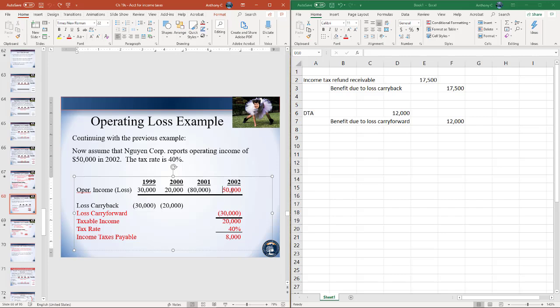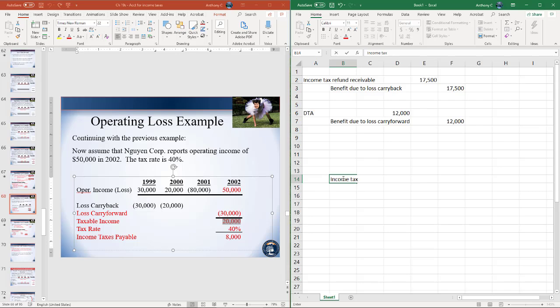Since we're reporting an income of $50,000 in 2002, we're going to use up the rest of our loss carry forward of $30,000 in 2002. So that'll bring our taxable income out to $20,000. If we multiply taxable income by the tax rate of 40%, we're out to our income tax payable of $8,000.